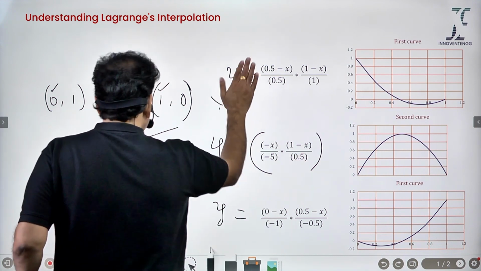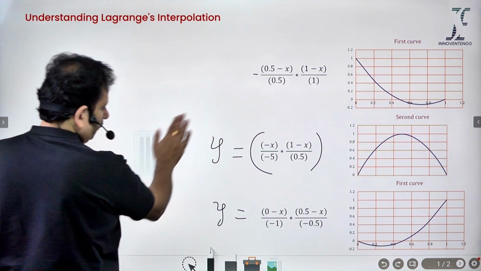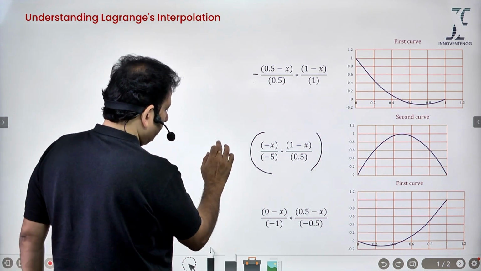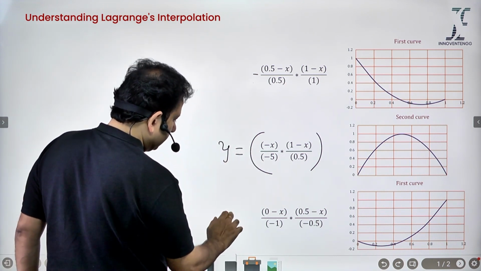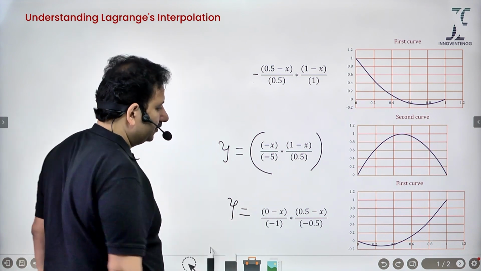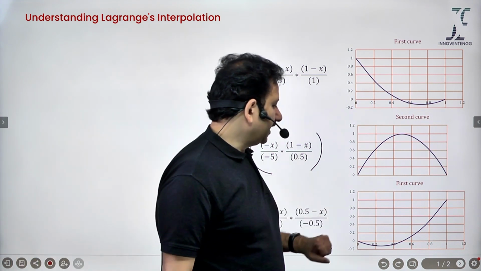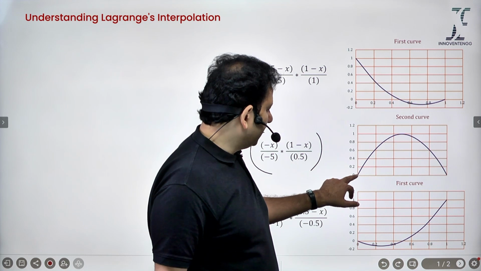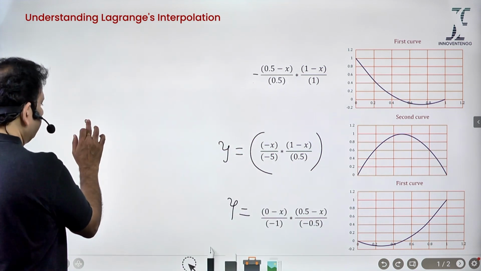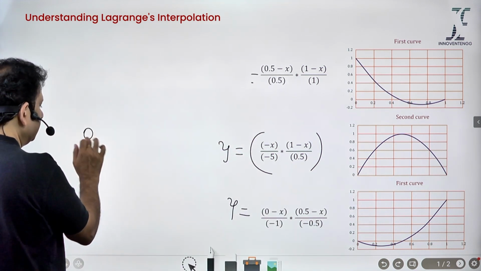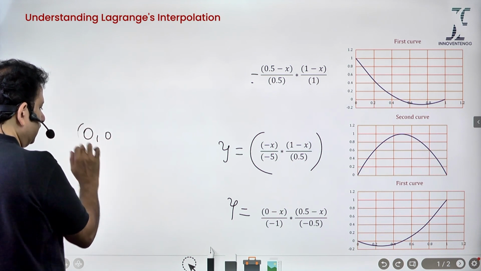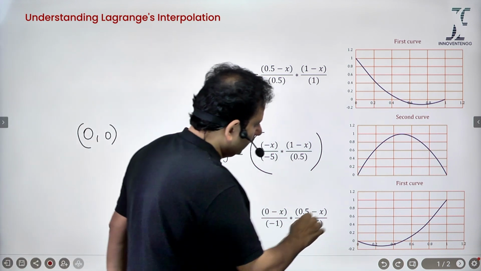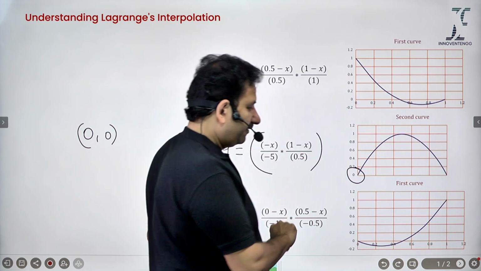Now, incidentally, we'll also discuss the other 2 curves, just to give you that confidence that even if you change your values, how exactly it works. Here you are saying that your independent variable is 0, and your dependent variable is also 0. You can see it is perfectly verified.